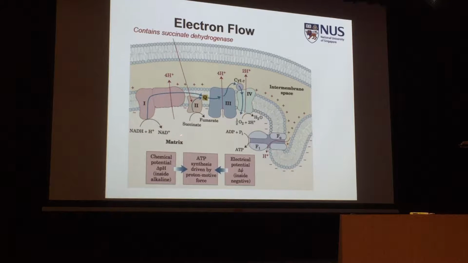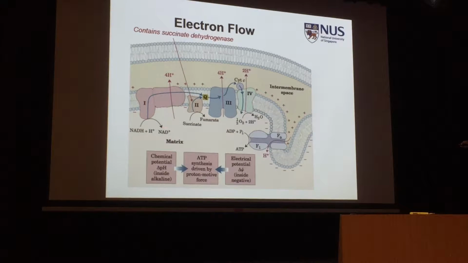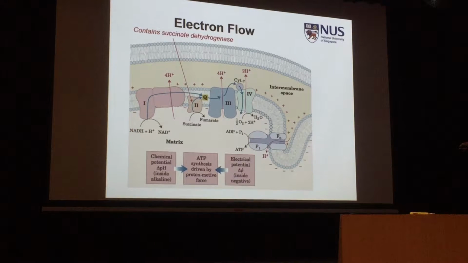And during the citric acid cycle, we have production of 3 NADH and 1 FADH2. So this NADH is reduced, and we need to regenerate it to continue the citric acid cycle process. So there must be a way, right, over here, okay, NADH has a pair of electrons.